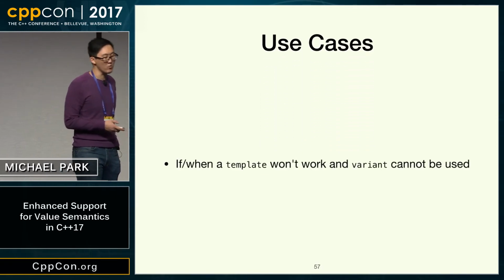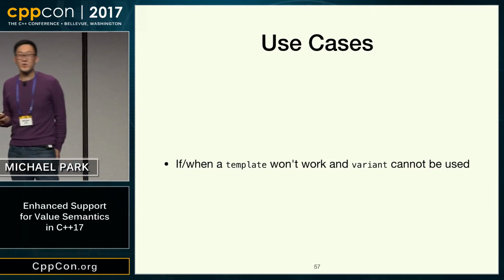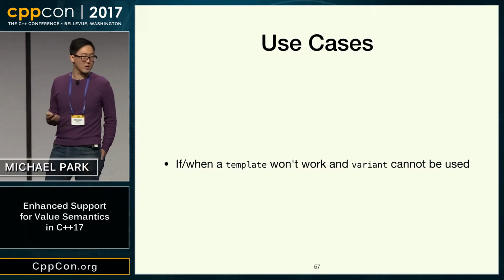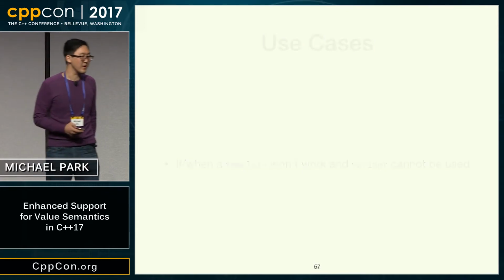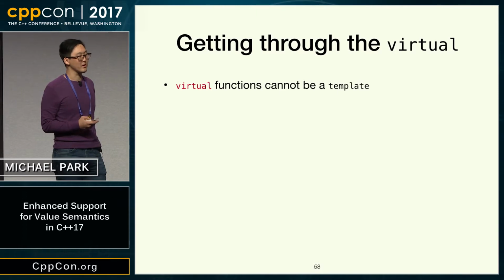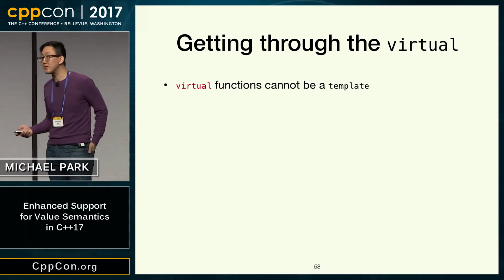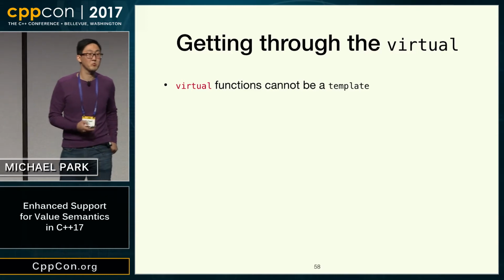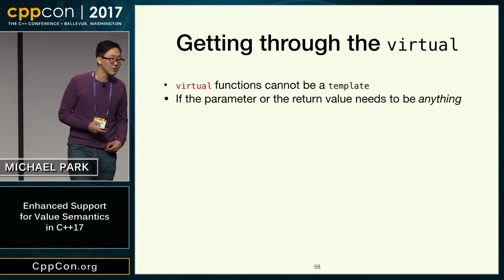Use cases, I only have one, and I categorize it like this: if and when a template can't work, and you can't use a variant. What do I mean by that? Where could you not use a template? Going through a virtual function, right? A virtual function can't be made a template, and so you can't just pass arbitrary data through a virtual function.